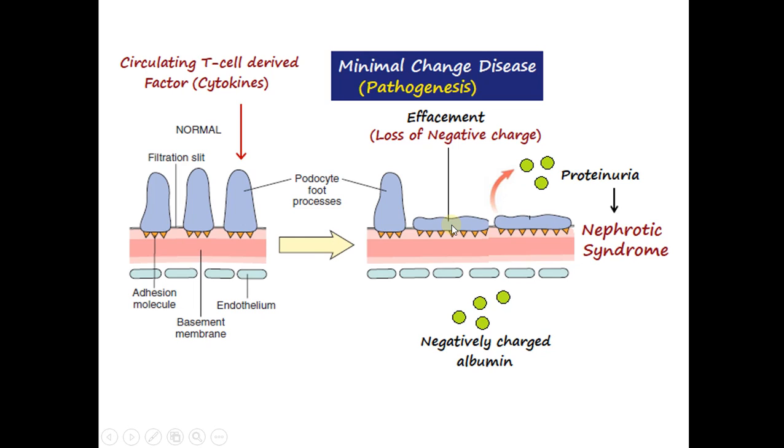But in minimal change disease, this effacement of the podocyte foot processes results in the loss of the negative charge. And this loss of negative charge allows the negatively charged proteins like albumin to be excreted in the glomerular filtrate, and they will appear in urine. And as a result, the proteinuria will lead to hypoproteinemia, and ultimately it will lead to nephrotic syndrome.